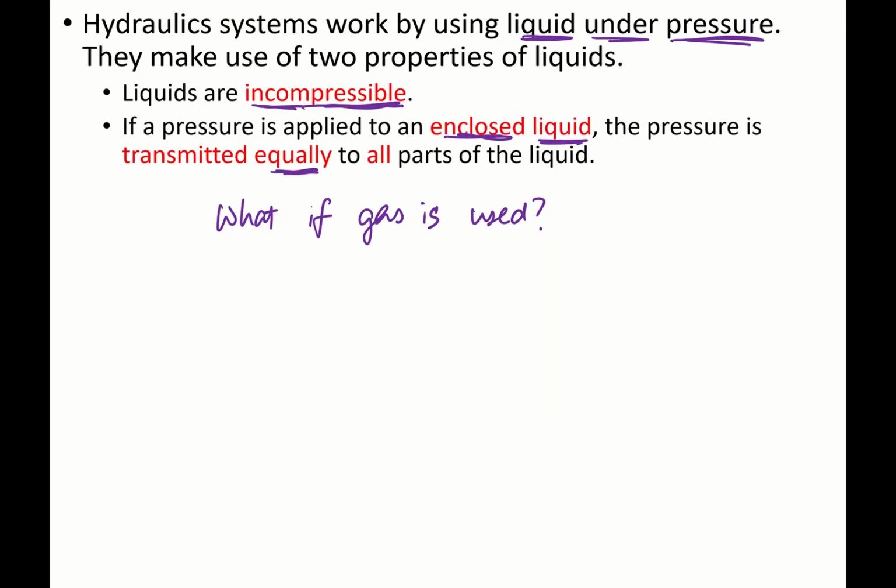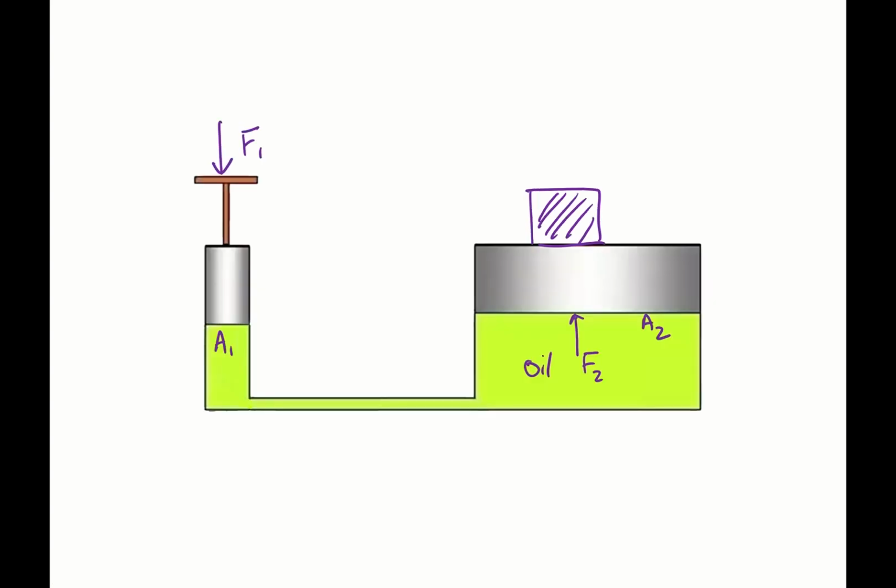Now, because pressure is transmitted equally to all parts of the liquid, we'll name this region X and we'll name this region Y. Pressure at X equals pressure at Y.